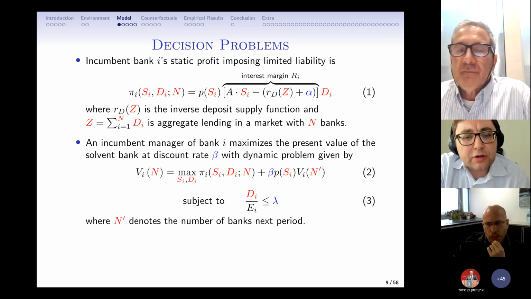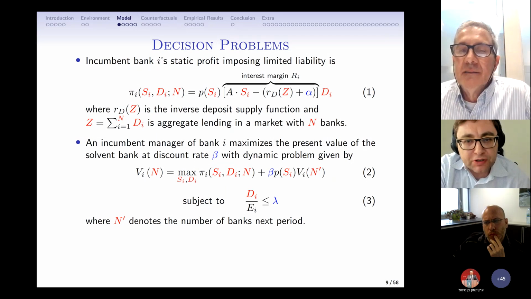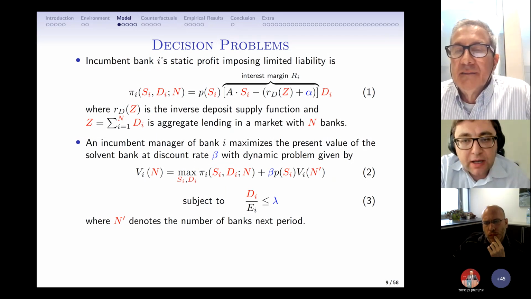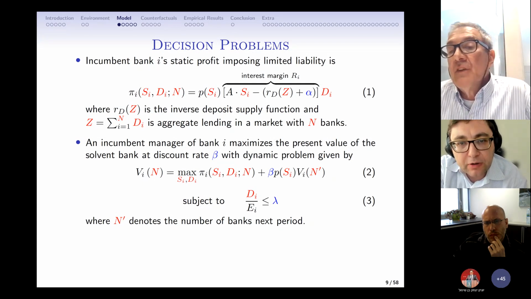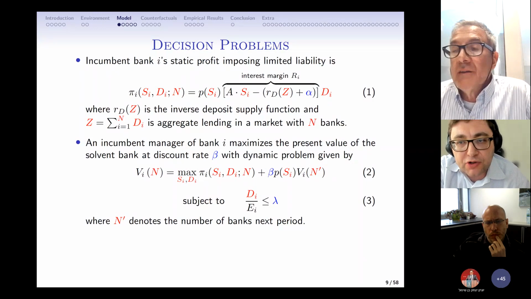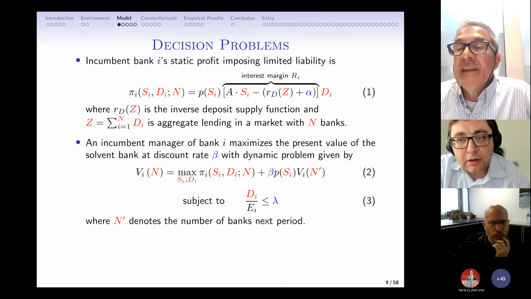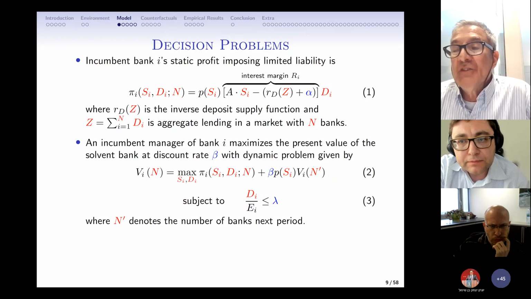What is the interpretation of alpha if I just use deposits? I pay deposits RD, and then there is a markup from the Fed. What is the interpretation of this markup? Is it like FDIC insurance? In Allen and Gale, we're going to think of alpha as having 2 components.